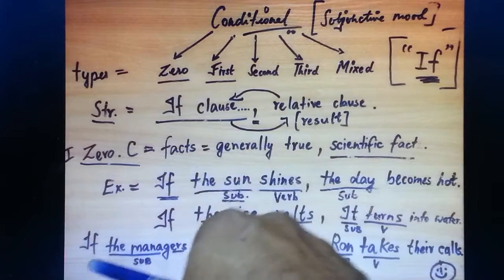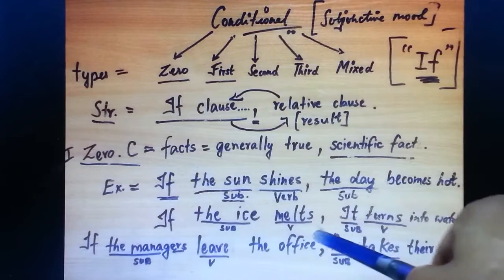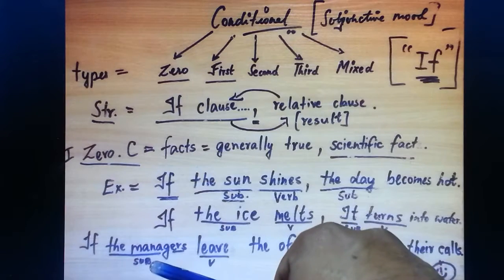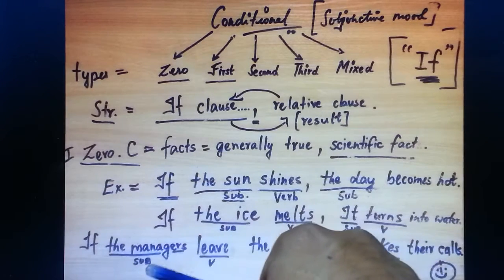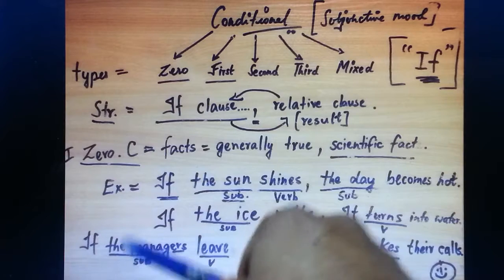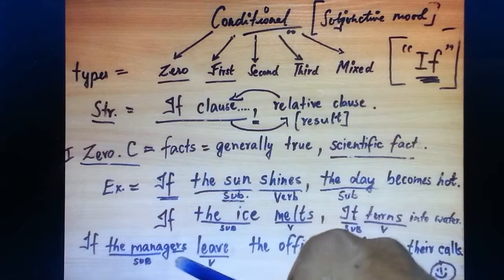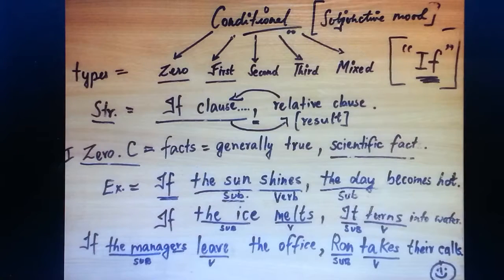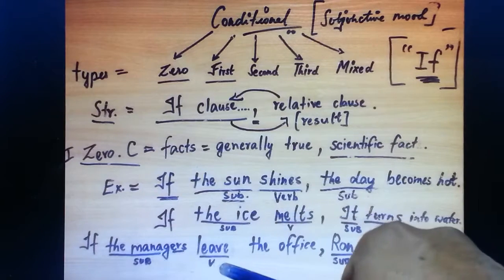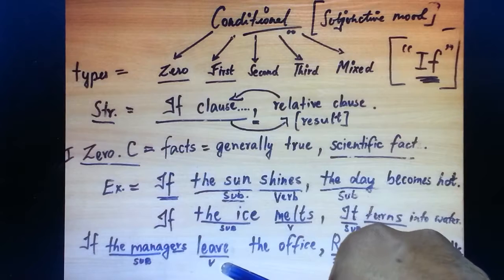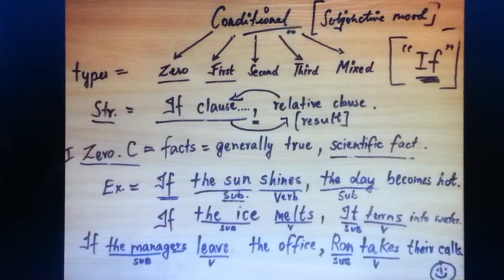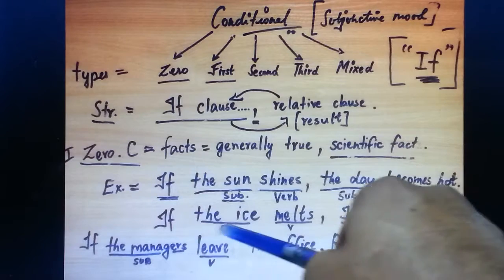Now look at the sentence. If plus this sentence is in present simple tense. Why? Because the managers, that's the subject. But look at the managers. It has an S. That means this subject is plural. So when the subject is plural, you know that in present simple the verb will have no endings at all. It will be in the first form of the verb.